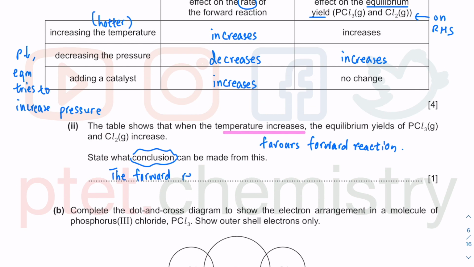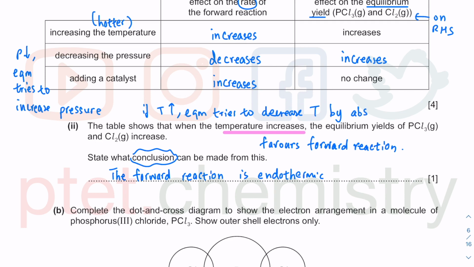The forward reaction must have absorbed heat from the surroundings, because if I increase temperature, what will equilibrium try to do? Equilibrium will try to decrease temperature by opposing the change, and you only know how to absorb heat based on forward reaction being endothermic.